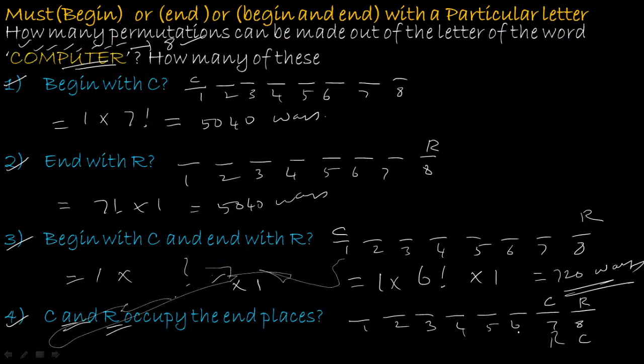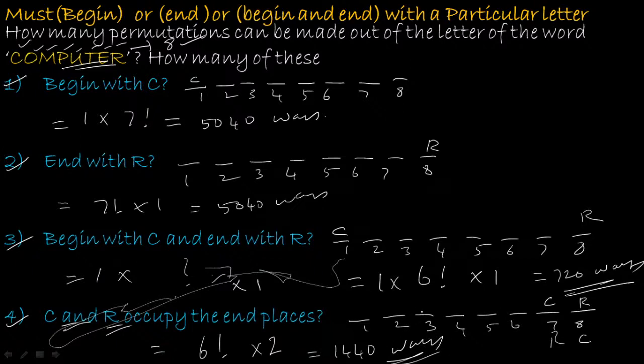So if C and R occupy the end positions, definitely we have 2 possibilities, isn't it? Either CR or RC, and the remaining 6 letters can be arranged in 6 factorial ways. So the total number of permutations in which C and R occupy the end places is 2 times 720, multiplying these two values you get 1440 ways.